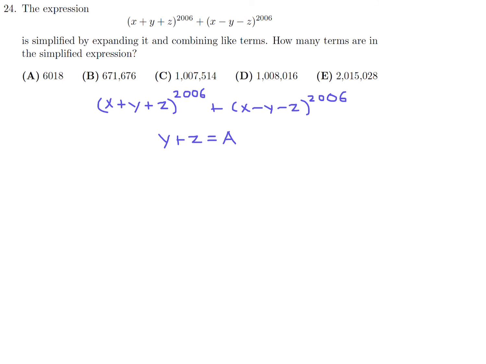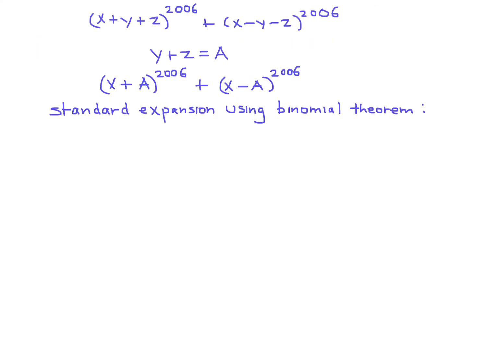It makes it simpler to handle when we do this expansion. So this becomes (x plus a) to the 2006 plus (x minus a) to the 2006. That is what we are going to expand using, of course, the binomial theorem.